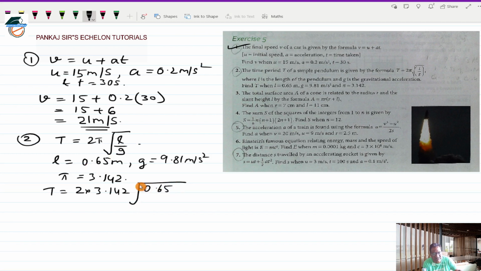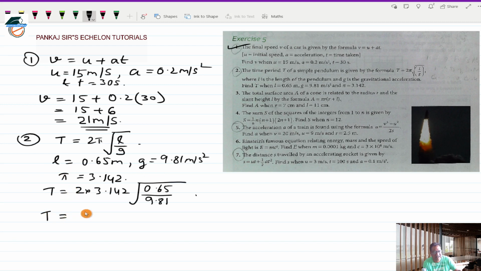I have already checked that all belong to the same system, that is the SI system. So 0.65 meter is the length in the SI system, and G is 9.81, also given in the SI system. And pi is a constant which you have to take as 3.142.